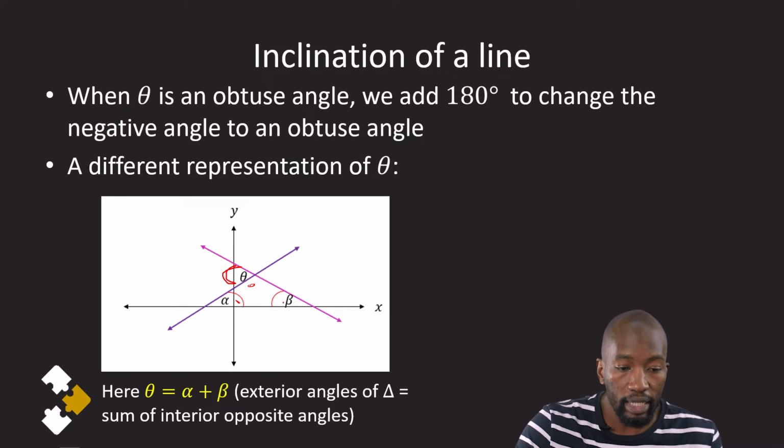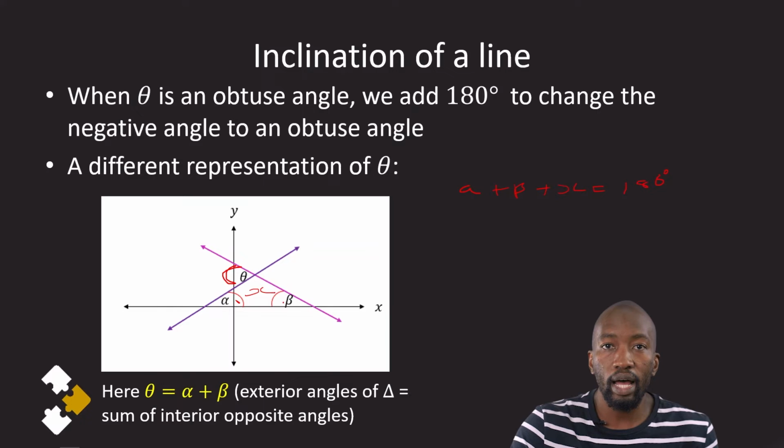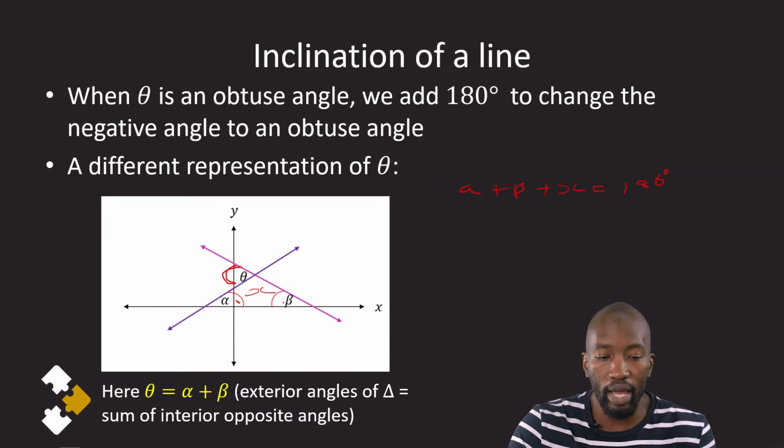So let me just call that angle x. So alpha plus beta plus x is equal to 180 degrees, right? Those are interior angles of a triangle.